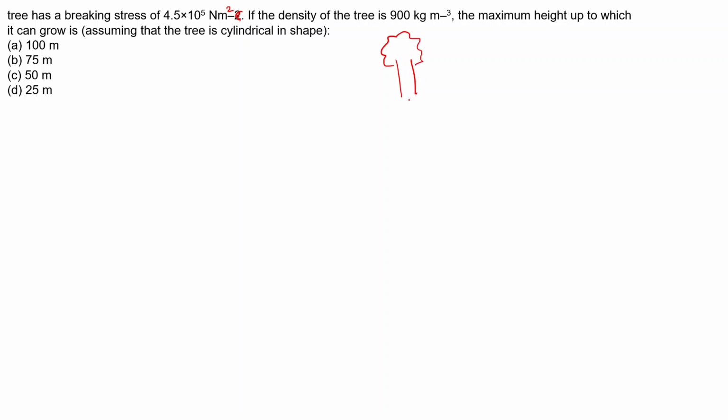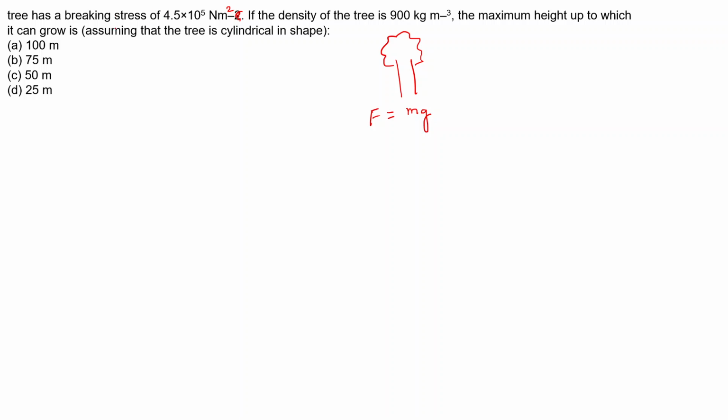Because of that, we know there is mass, means there is acceleration due to gravity acting on it, and the total mg is the force. So as the tree is growing, there is force acting on it. With every increase in mass, the force is increasing, and there will be a limit after which it will collapse or it will break. So what is that?